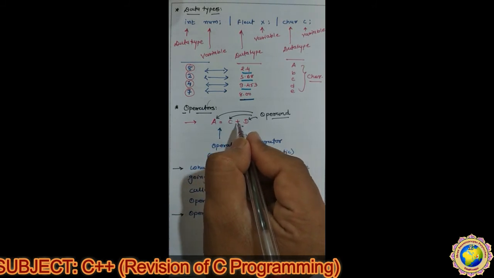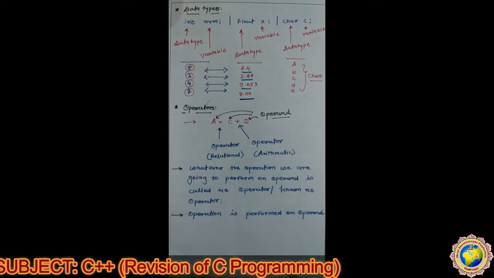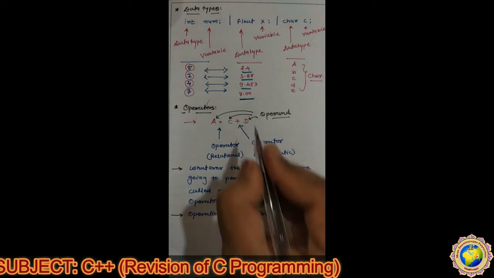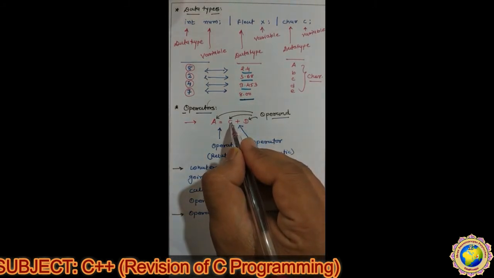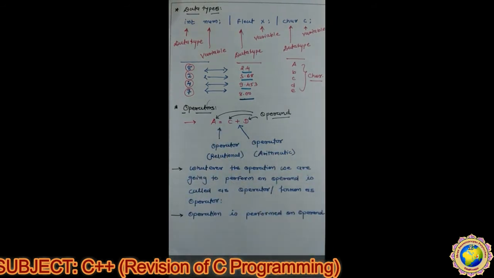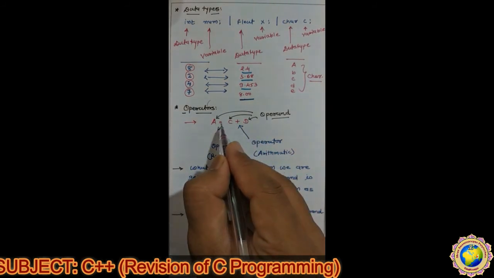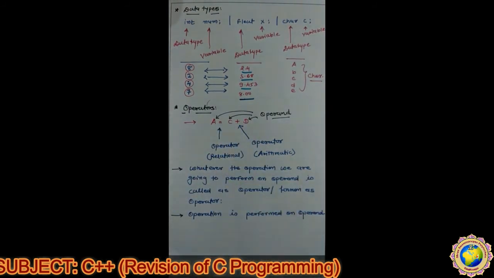So addition operation is going to be performed between the C and D. So plus is called an operator, and the value of the summation of C and D is going to be stored in the A. So is equal to is also called an operator. So in the above example, A, C and D are the operands and is equal to and plus are operators.